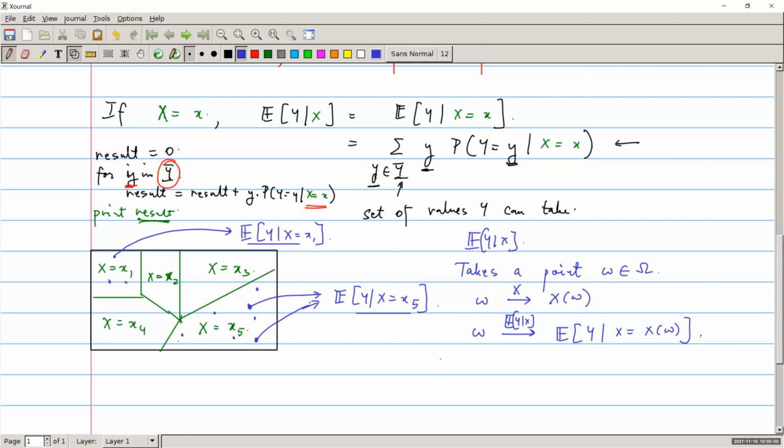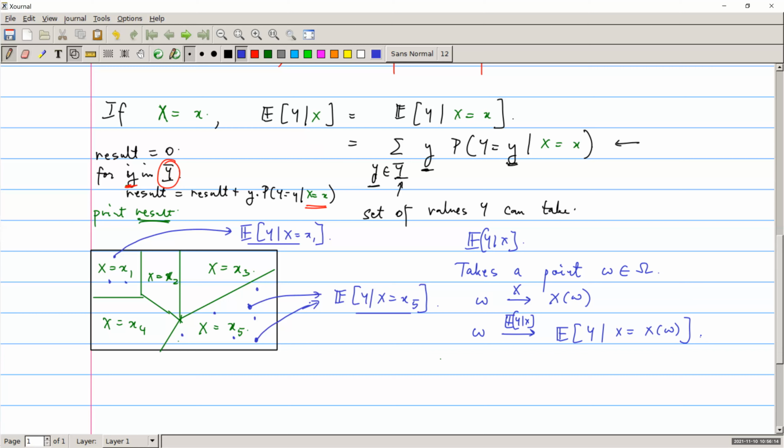Eventually, when you look at the partition that the expectation of Y given X makes, it could correspond to the same partition that X made, except that each part may now have a different number assigned to it. Or, depending on how the expectations pan out, it could be a strictly coarser partition of the universe than that X made.